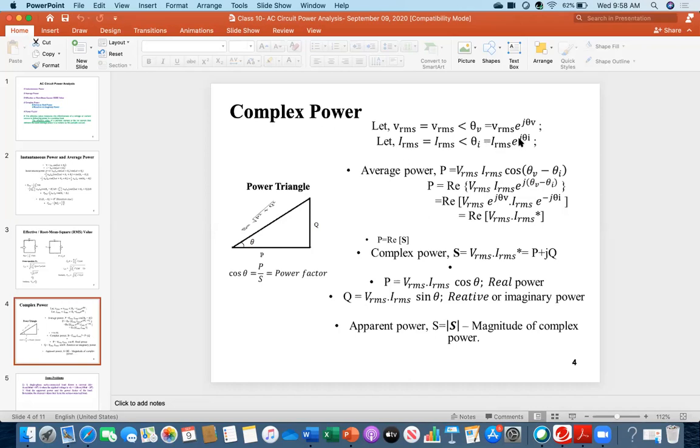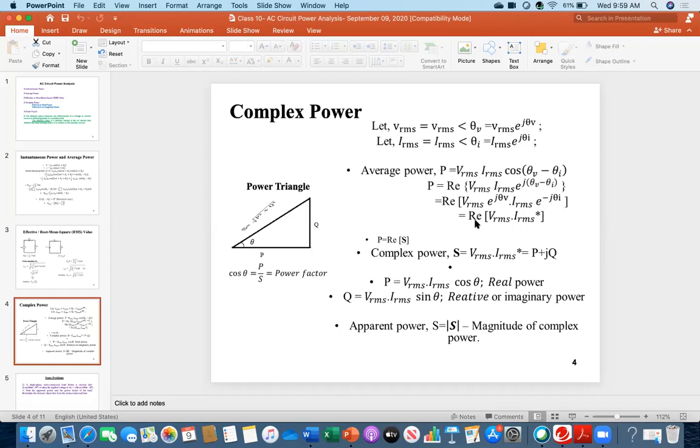The phasor IRMS was e to the power plus j theta I. But here I got minus j theta I. This means this portion is the complex conjugate of IRMS. Therefore, this is my IRMS, and its complex conjugate just changes the sign of the angle, e to the power minus j theta I. Because I have e to the power minus j theta I here, accordingly for this portion I am writing IRMS conjugate.